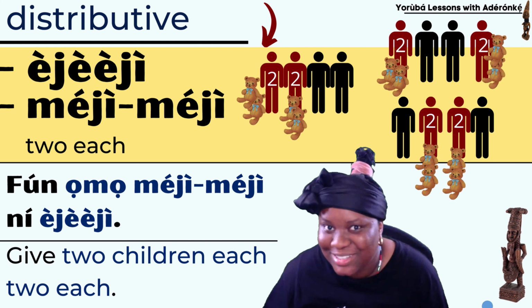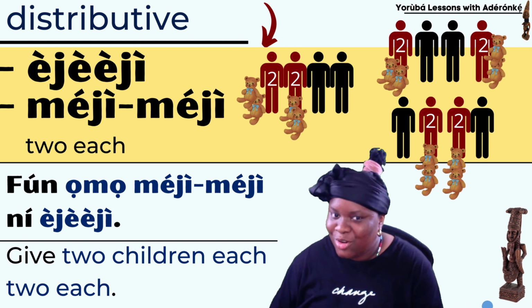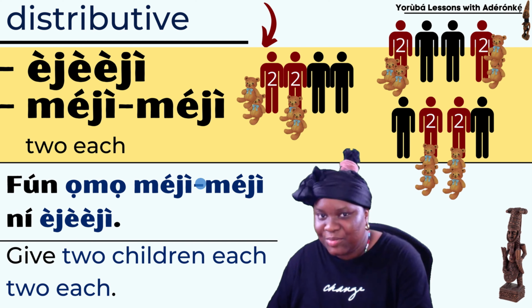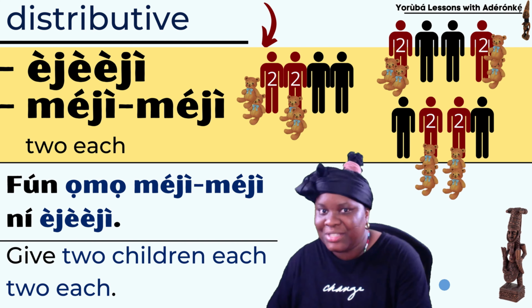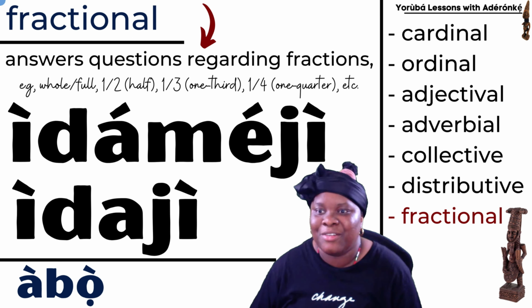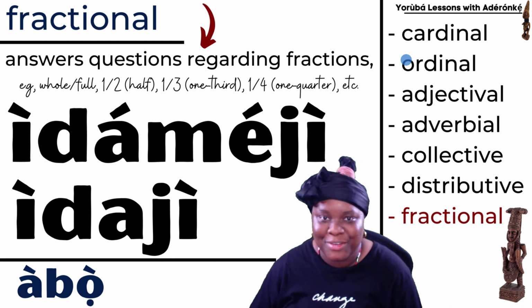I just want to throw that out there, so that you're conscious of this meji, which is for 2 from each set. I don't want to overemphasize that. I believe that that's clear enough. If you don't get it, you may just have to give it a second look or ask me in the comment section, and I'll probably make a follow-up video or explain further.